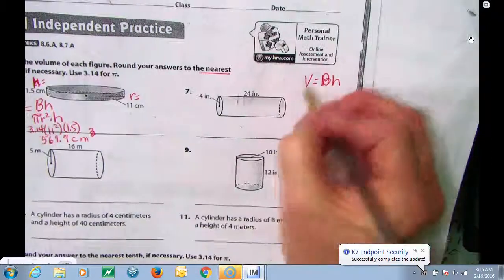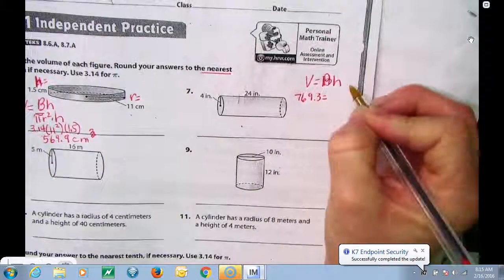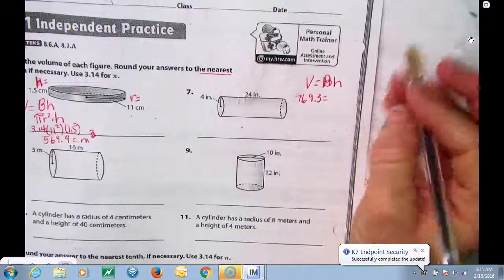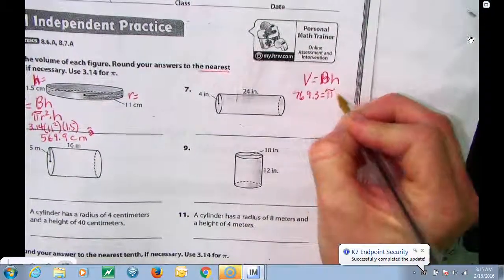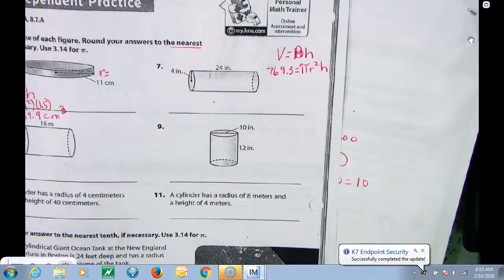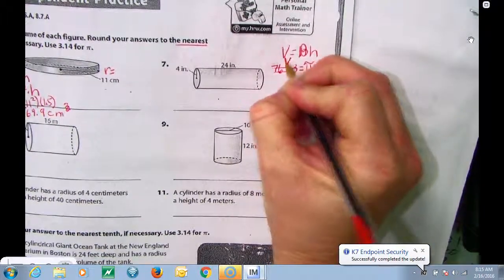Okay, let's say the volume is 769.3. It's not here. Okay, if I gave you the volume, oh, I should have put V, still V there.